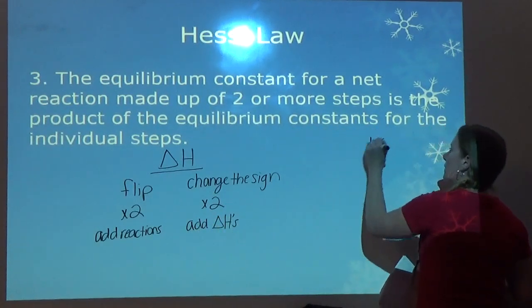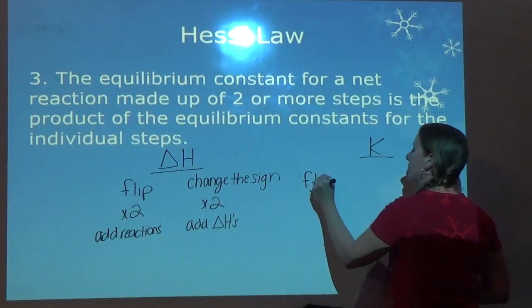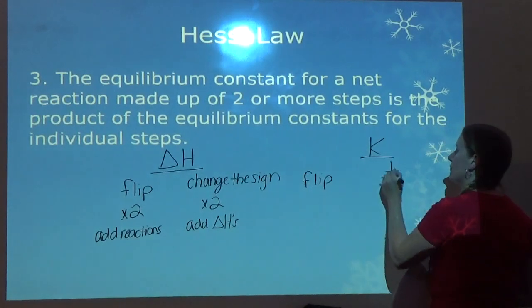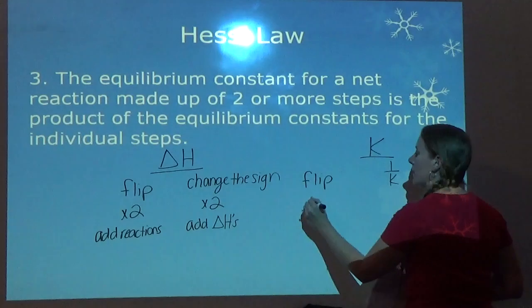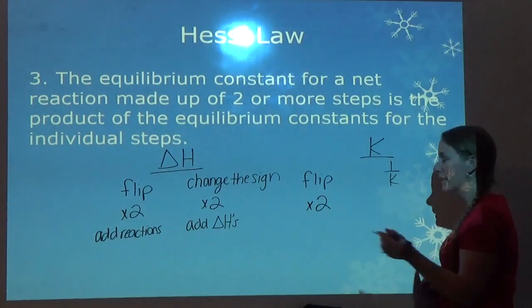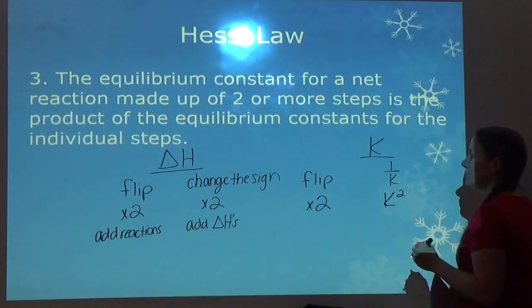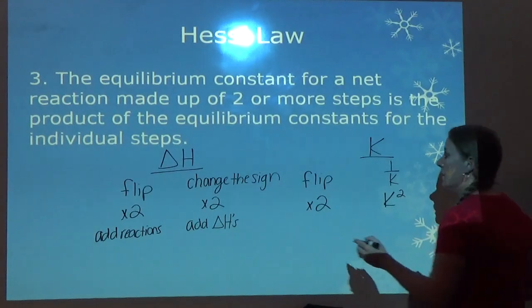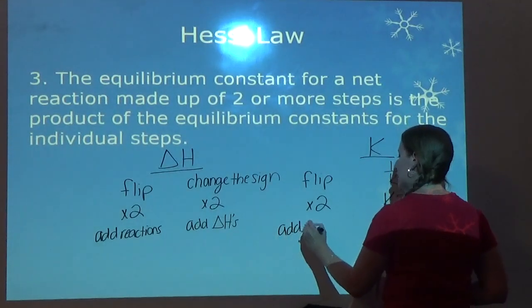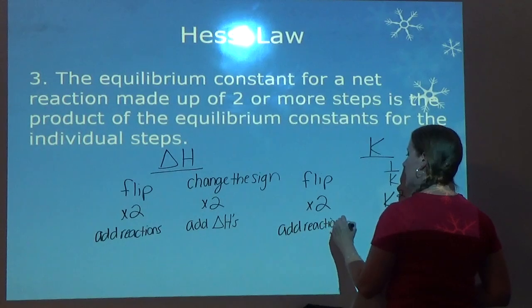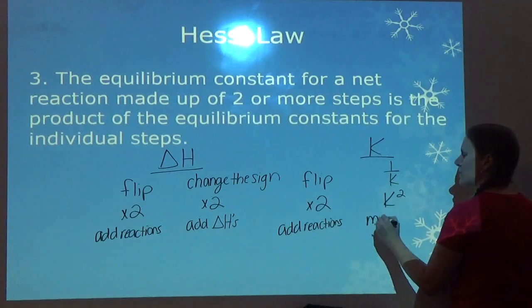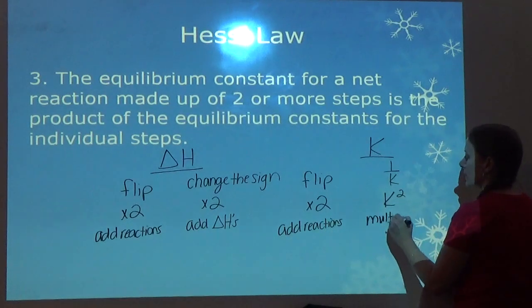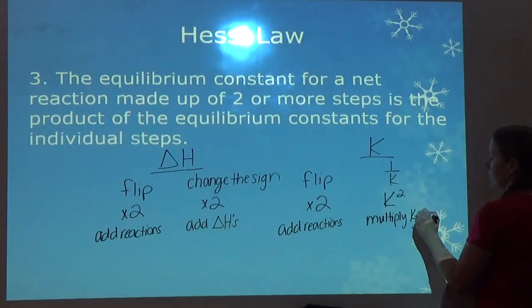All right, when we're talking about equilibrium, if you flip a reaction, you do 1 over K. If you multiply a reaction by a number like 2, you do K to that power. And when you're ready to add the reactions, you don't add your K's, you multiply your K's.